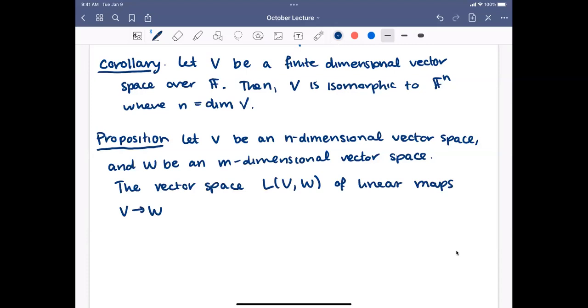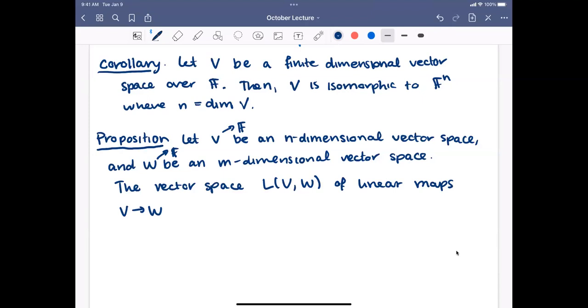The field is going to be the same as the field for V and W, so these have to be the same. V and W have to be vector spaces over the same field, and then the vector space of linear maps will be over that field as well.